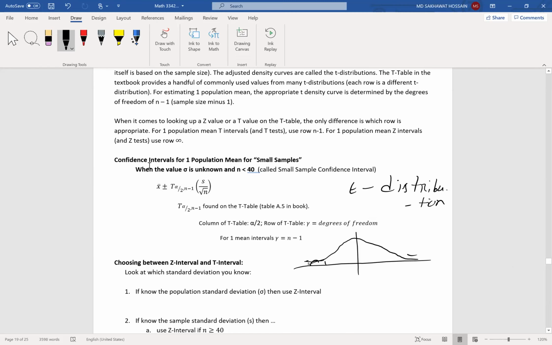We'll construct the confidence interval for one population mean, that means we have just one population, and for small samples. If sigma is unknown and the sample size is small, you cannot use the normal distribution. Usually in real life, we do not use the normal distribution for constructing the confidence interval, because in most cases sigma is unknown.